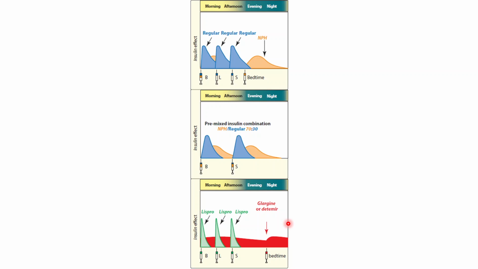And there are different schemes for insulin injection. The most common is 3 times daily for the regular insulin and long-acting insulin at bedtime.